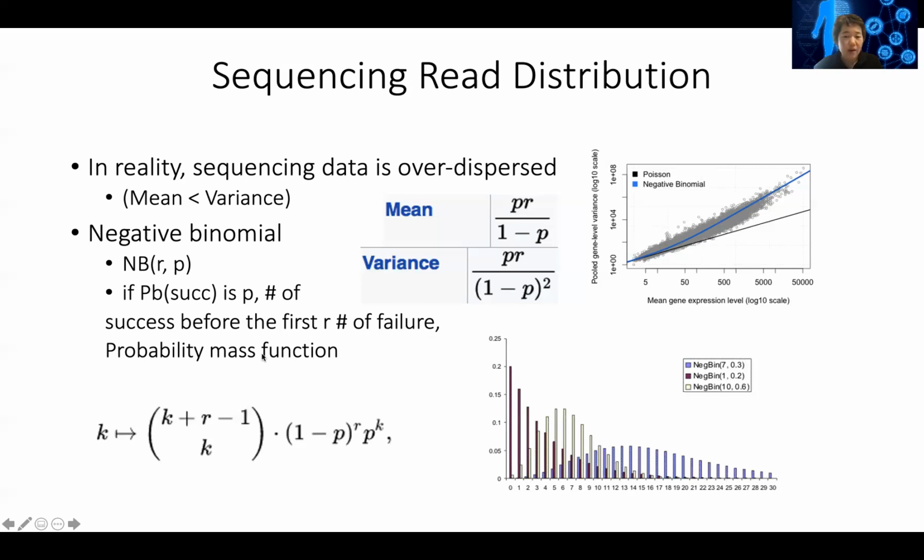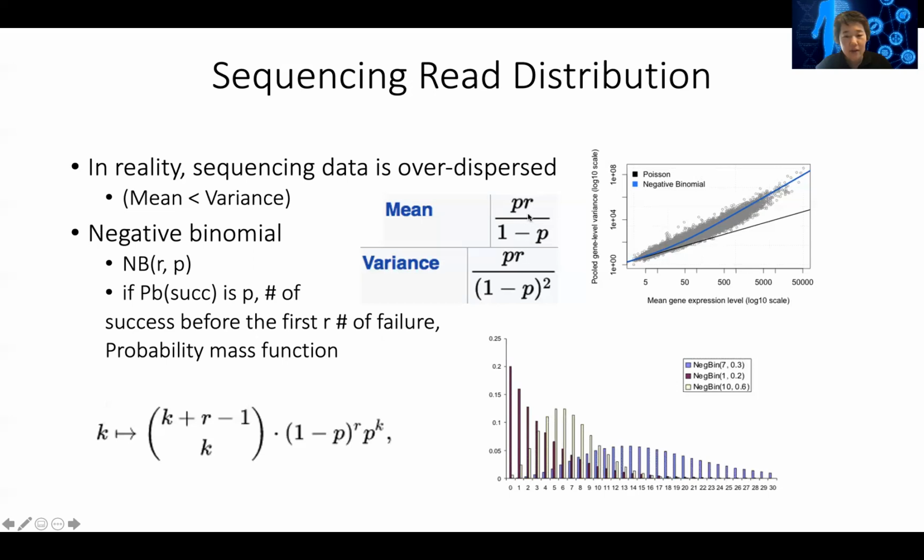And so if we want to see what is the probability that we are going to see a particular k, we know that the formula for the negative binomial distribution is like this.